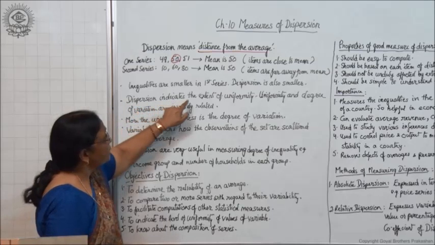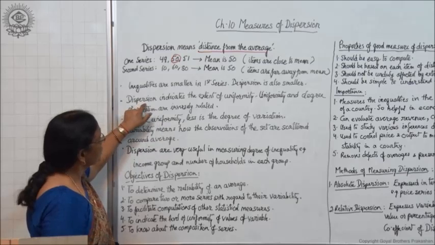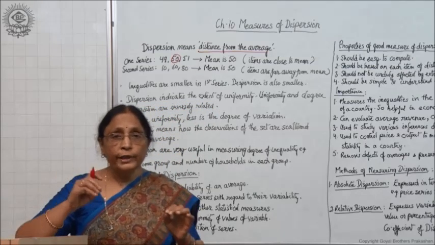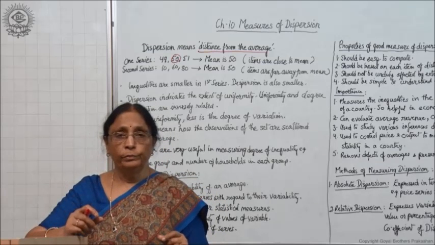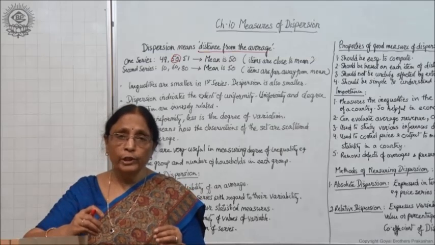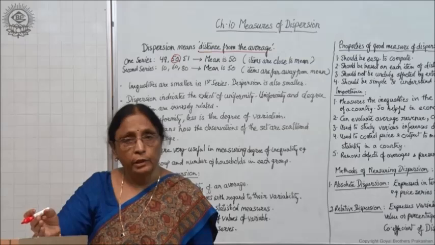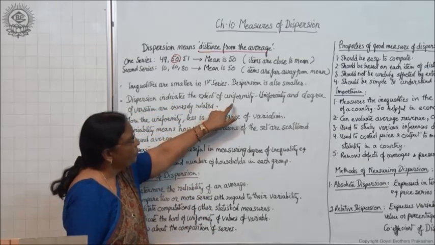Dispersion indicates the extent of uniformity. So from this we conclude that dispersion indicates the extent of uniformity. That means to what extent the figures are uniform, to what extent they are close to each other, or to what extent they are scattered or they are away from each other. So this way dispersion indicates the extent of uniformity.